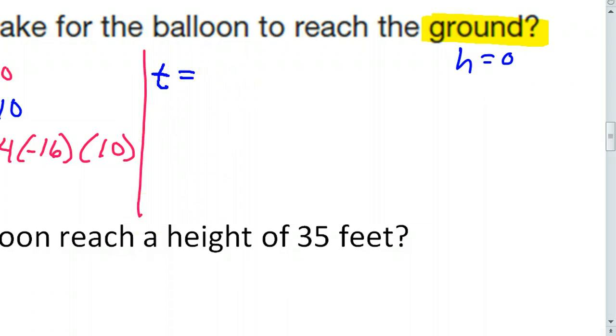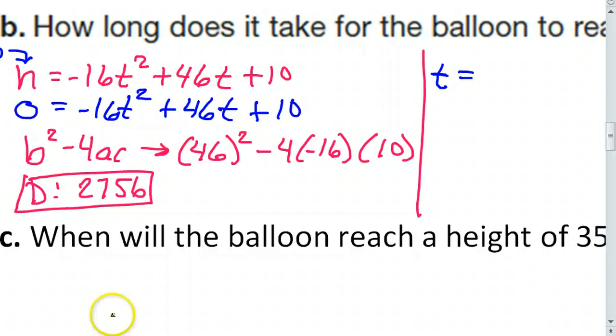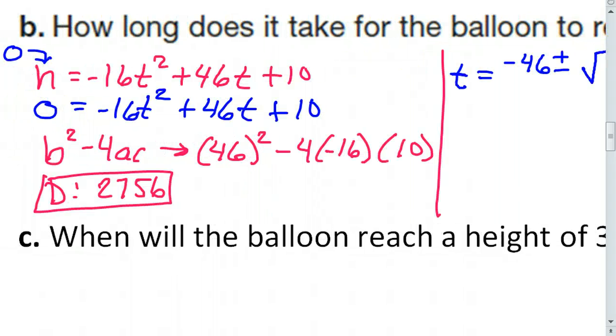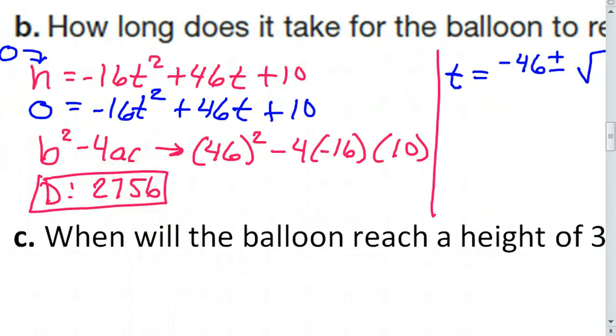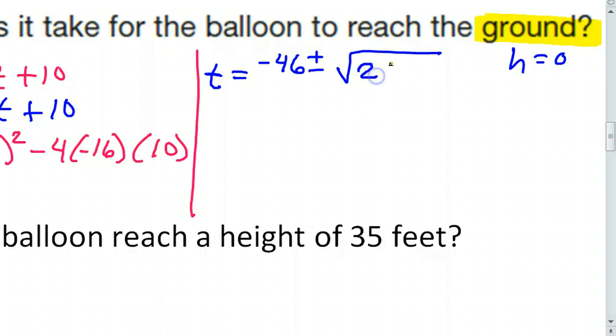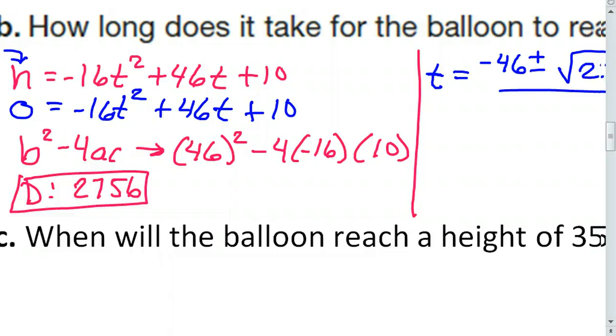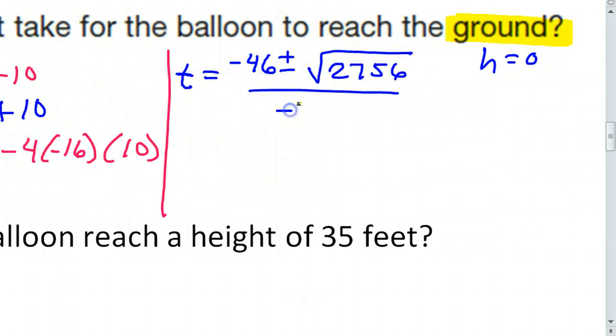So t equals opposite of b, so that's negative 46 plus or minus the square root, and under the square root goes the discriminant, 2,756, all over 2a. Well, a is negative 16. So 2 times negative 16 is negative 32.